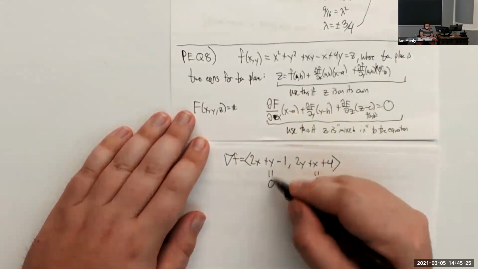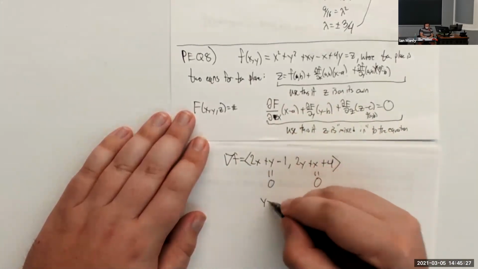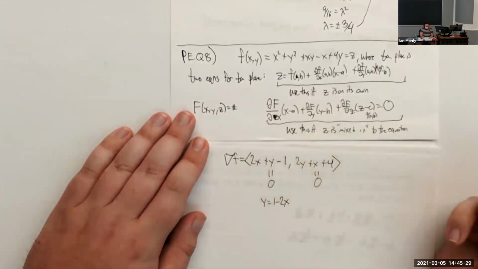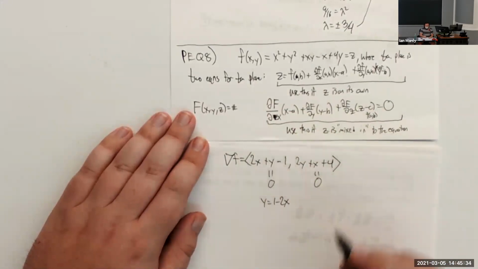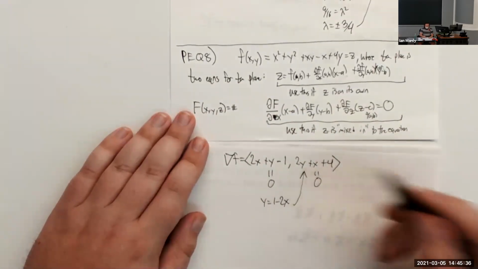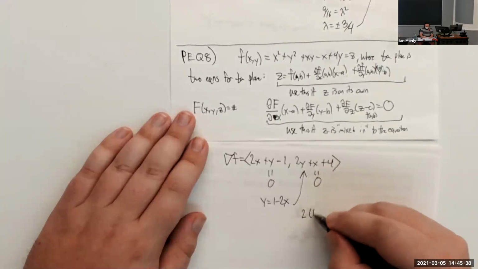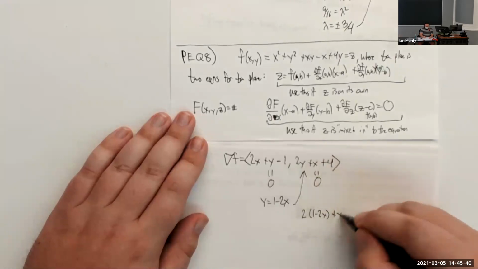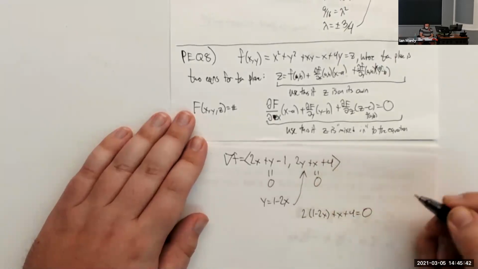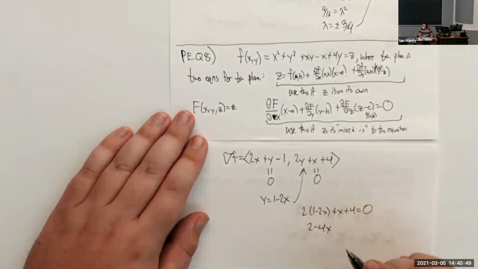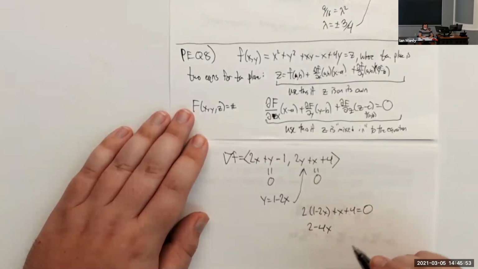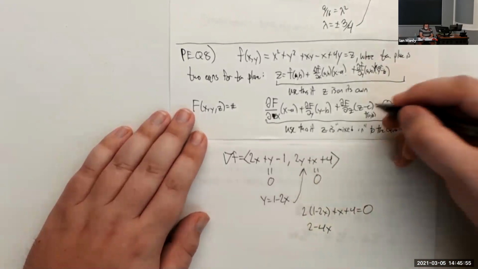If I set this one equal to 0, I have y is 1 minus 2x, because if I add the 1 and subtract the 2x, I have y as that. I'm going to put that into the other equation. So I have 2 times 1 minus 2x plus x plus 4 is 0. So I have 2 minus 4x. Oh, is that a plus f of a, b at the end of the second equation? Oh, this is f of a, b.